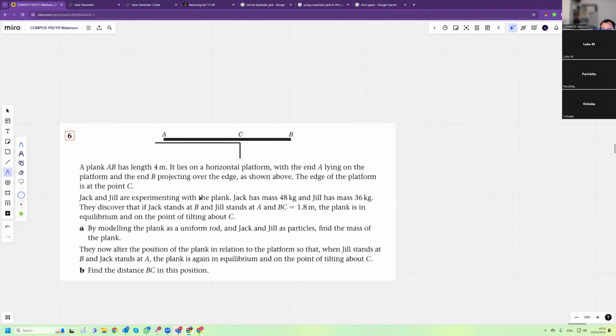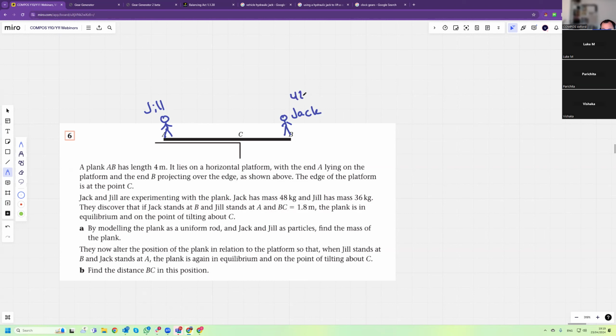Jack and Jill are experimenting with the plank. Jack has a mass of 48 and Jill has a mass of 36. If Jack stands at B, and Jill stands at A, then the plank is balanced.